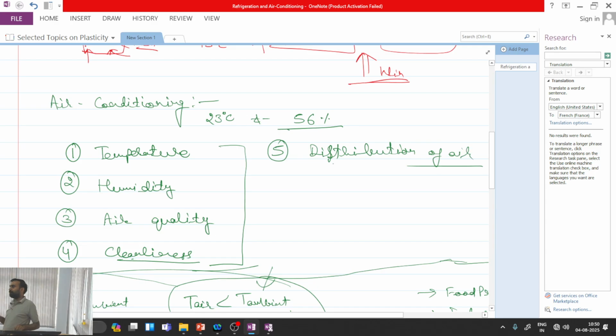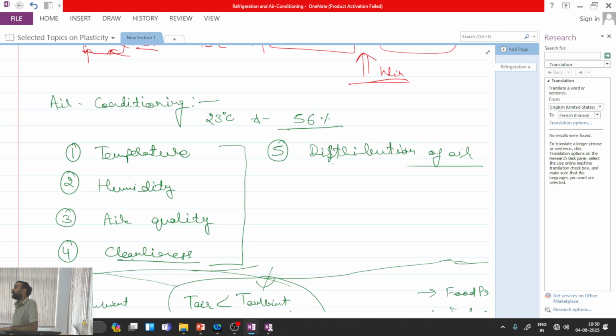For example, what do you mean by distribution? For example, this is a room which I need to condition, and I have only placed one air handling unit here. So what will be happening? That air handling unit will be cooling this particular portion of the room, but the other corner of the room may not be at the desired condition. So it means this is a poor distribution of the air.